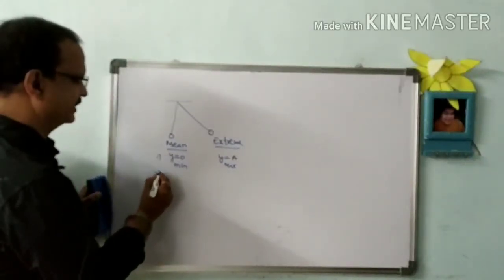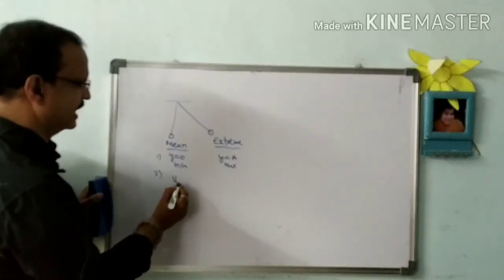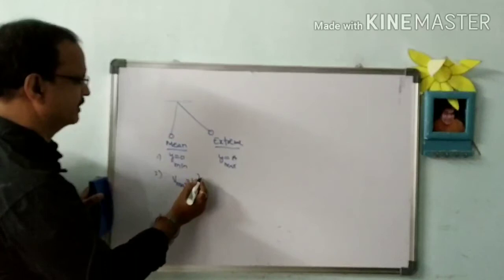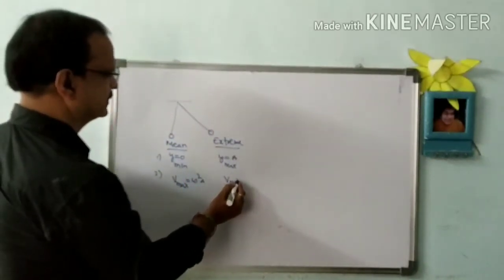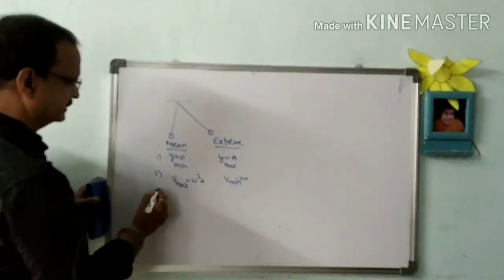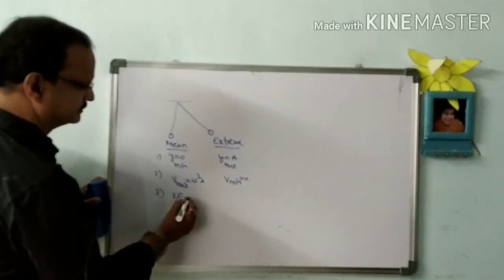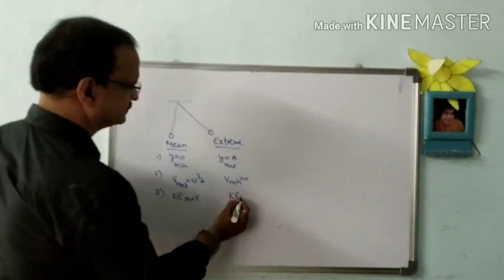And velocity, you know that V maximum is equal to omega a. So velocity is maximum at mean position. And third one, kinetic energy is maximum. And at extreme position kinetic energy is minimum.